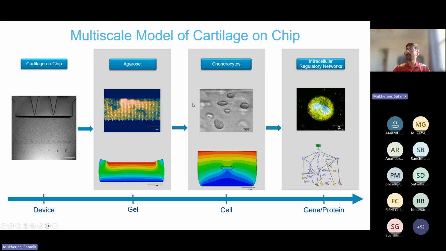So these cartilage-on-chip microfluidic devices give us the possibility to study in a very multi-scale manner, from the device level to the intracellular processes that are triggered in these cells when you put mechanics on them. And this is possible in a much more controlled manner that is very difficult to do in a human joint in vivo.